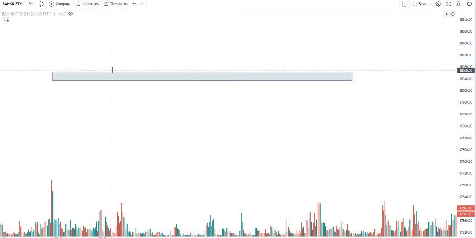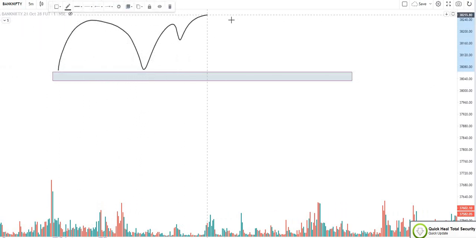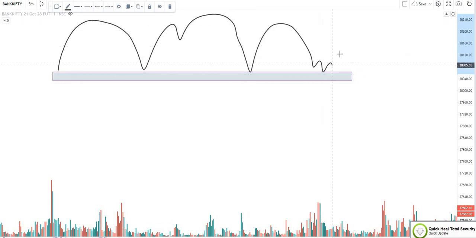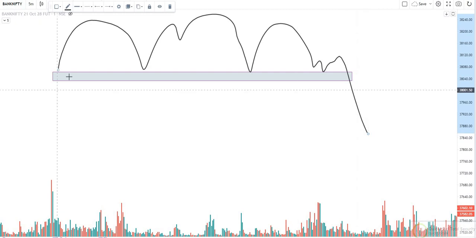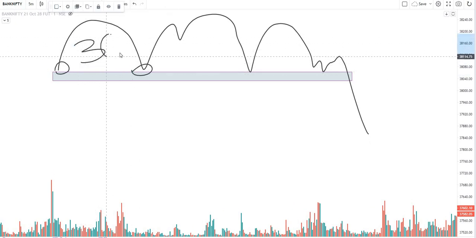Once we have successfully drawn the zone in the 1 minute time frame, we have to watch for a pattern like this. From this area, when it comes back to this area again, the time gap must be a minimum of 30 minutes, or more.